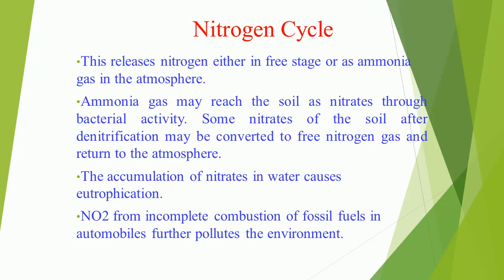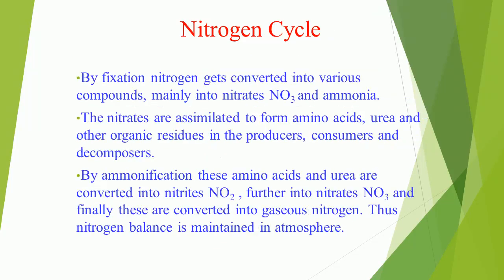The accumulation of nitrates in water causes eutrophication. NO2 from incomplete combustion of fossil fuels in automobiles further pollutes the environment. By fixation, nitrogen gets converted into various compounds, mainly into nitrates, NO3, and ammonia.